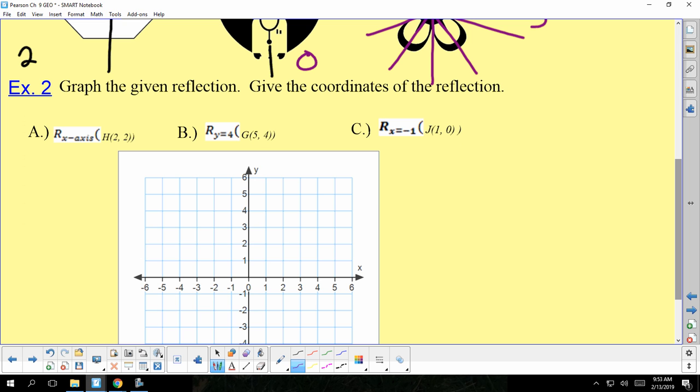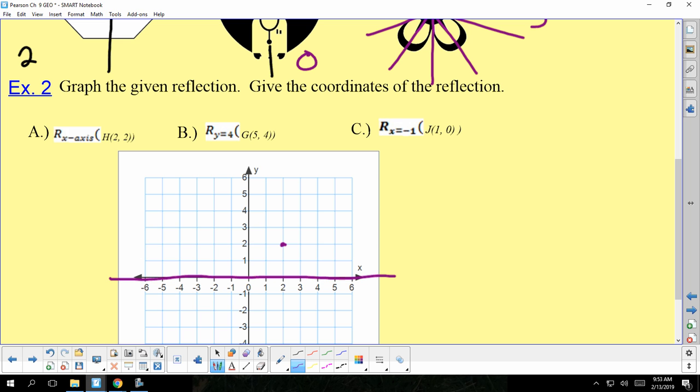All right. So graph the given reflection. Give the coordinates of the reflection. So first, let's go ahead and look at A. I'm going to graph 2, 2. And then I'm going to draw in my line of reflection, the x-axis here. And remember that definition of a reflection.